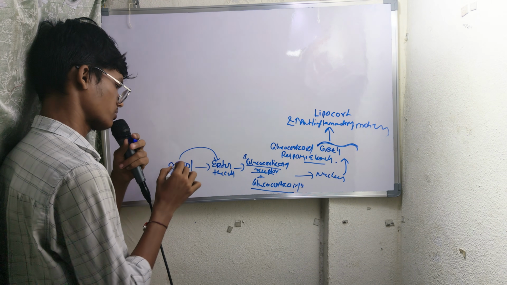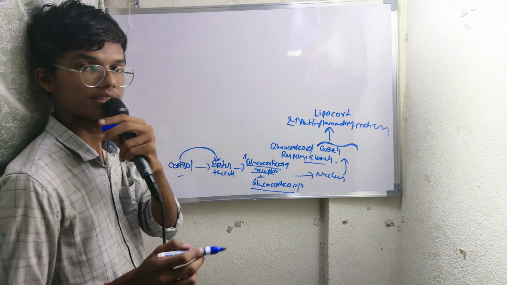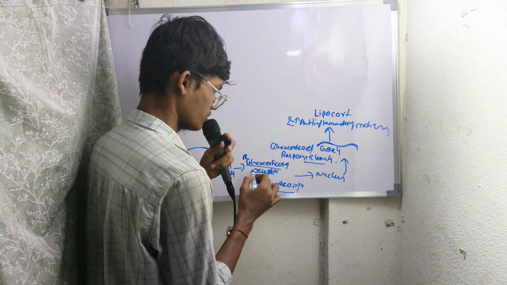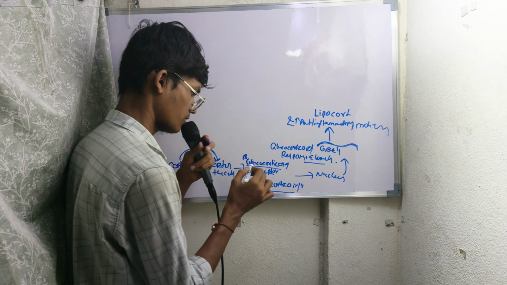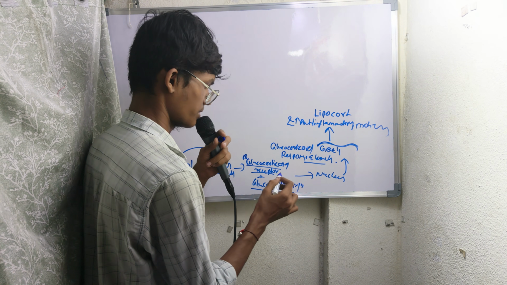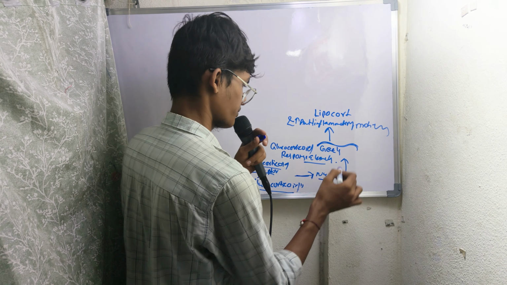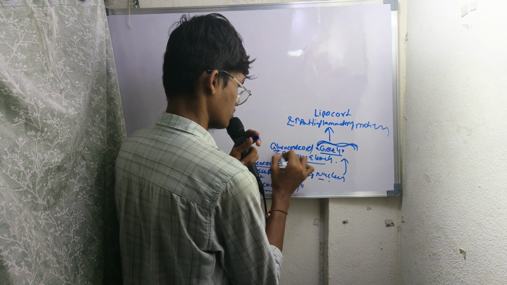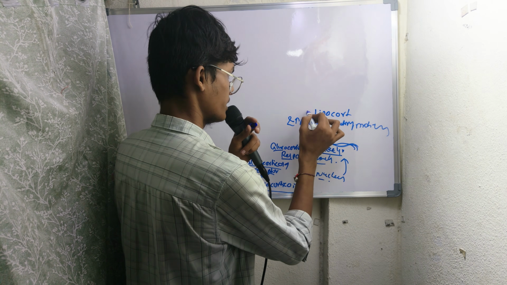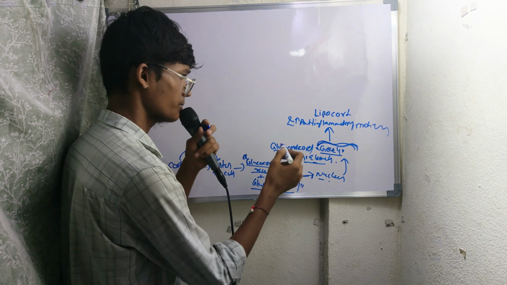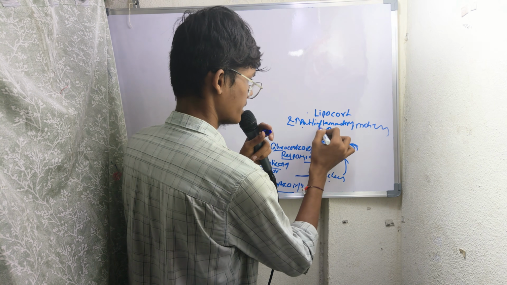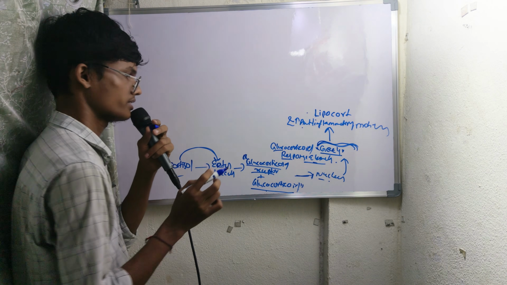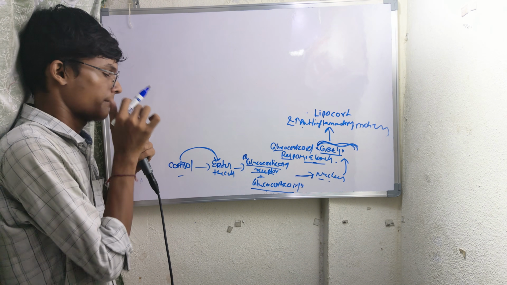What is happening? First, the glucocorticoid enters the cell as it is soluble in the cell membrane, and then it combines with the glucocorticoid receptor, forming the glucocorticoid receptor and glucocorticoid complex, and then it enters the nucleus, and in gene transcription it identifies glucocorticoid response elements, and promotes the formation of lipocortin and an increase in anti-inflammatory proteins.